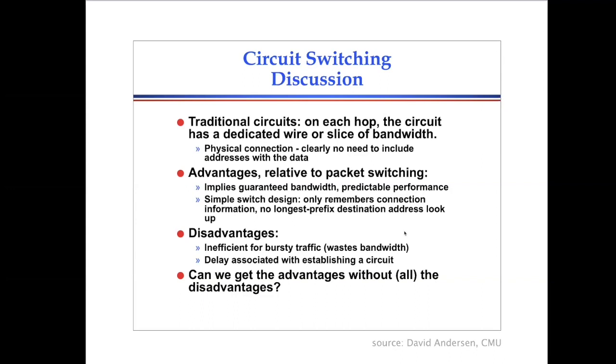When you build the connection, you can also reserve some bandwidth, for instance 10 gigabits per second. At least in pure circuit switching, this connection is really dedicated to you. You are the only one who can use this 10 gigabits per second. That gives you bandwidth guarantees and predictable performance.